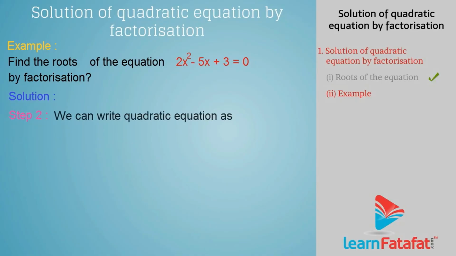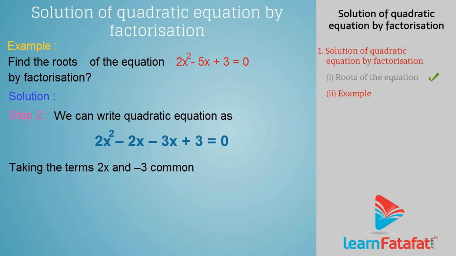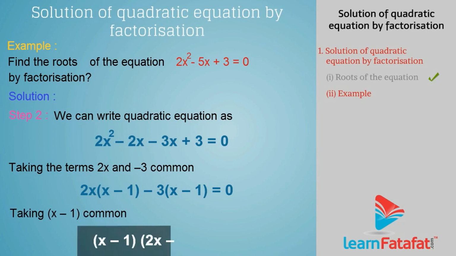Step 2. We can write quadratic equation as 2x square minus 2x minus 3x plus 3 is equal to 0. Take 2x and minus 3 common from given equation. We get. Now take x minus 1 common from the given equation. We get x minus 1 into 2x minus 3 is equal to 0.